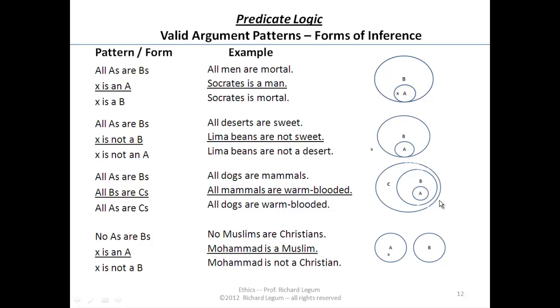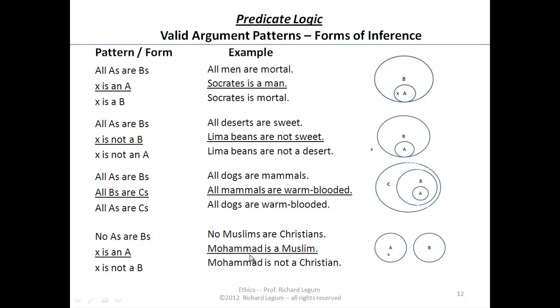Now occasionally you're going to come across something like the fourth one that tells you, for example, no Muslims are Christians. Mohammed is a Muslim, therefore Mohammed is not a Christian. The idea is no A's are C's, so if you draw a circle around all the A's and a circle around all the C's, there's nothing that overlaps between them.